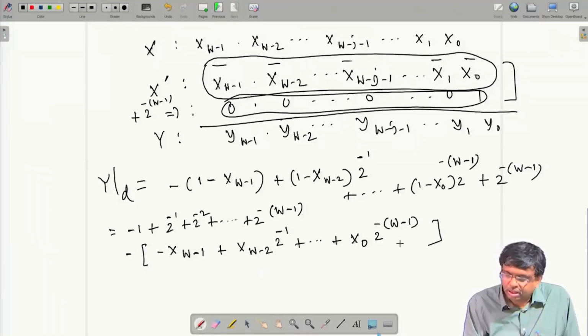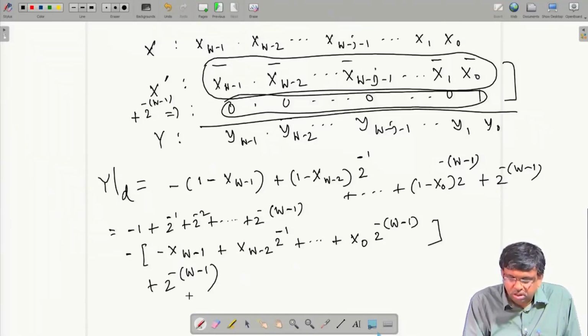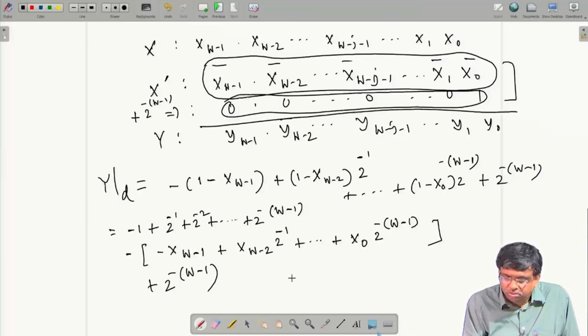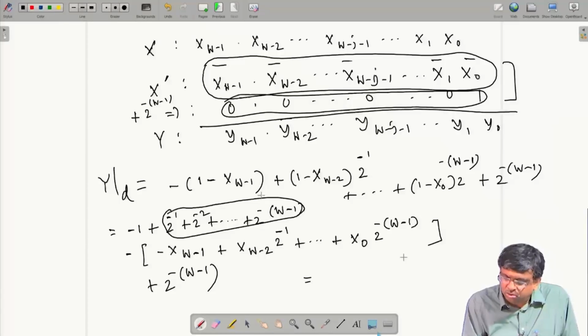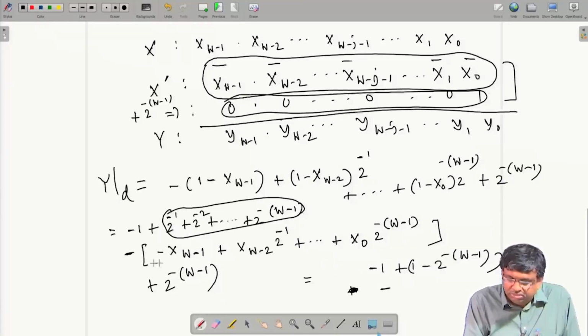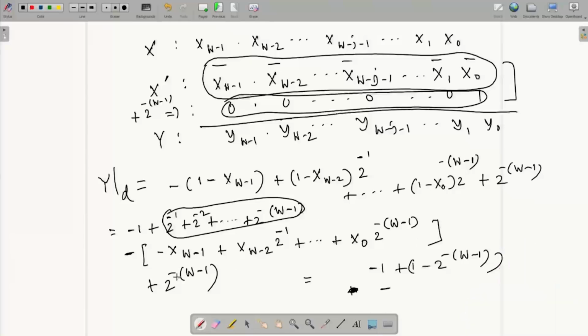And lastly, this 2 to the power, now how much is this? This summation we have worked out as 1 minus 2 to the power this. So, this is minus 1 plus 1 minus 2 to the power minus w minus 1. This part is for this. Then you can see this, sorry, not the minus sign. What is this bracketed quantity? It is nothing but the decimal value of the original number x, this one.